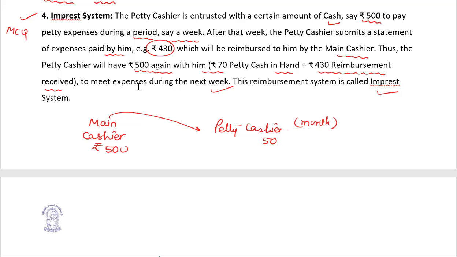Now from this 500, for the same month, he made expenditure of 430, and 70 rupees is left. He will submit a statement showing the expenses to the main cashier. The main cashier will again give him 430 and reinstate the figure to 500. I believe you understood. I believe I'm making sense to you.